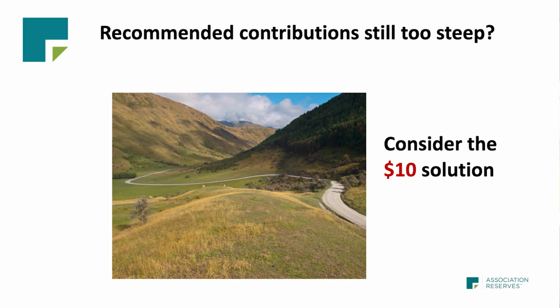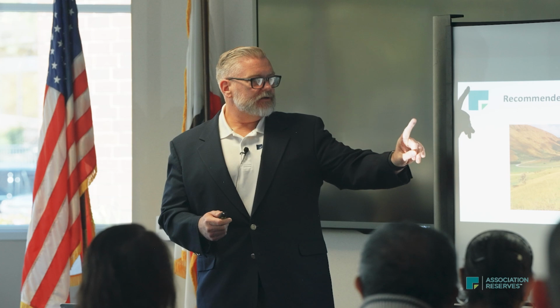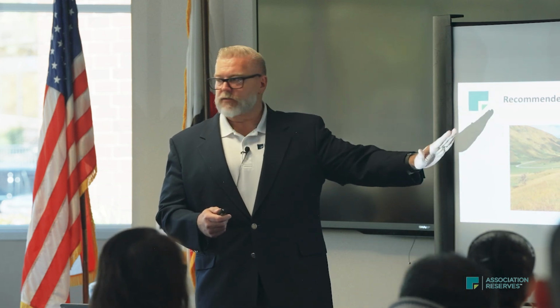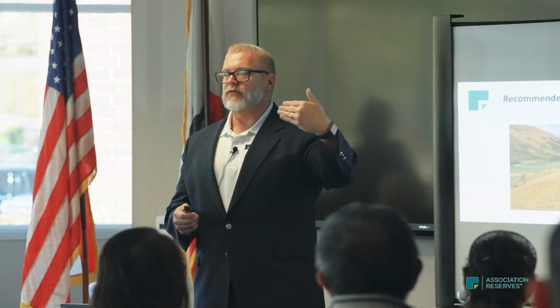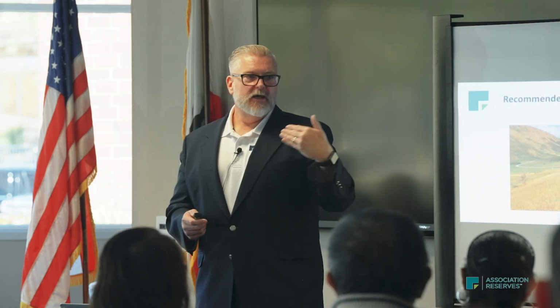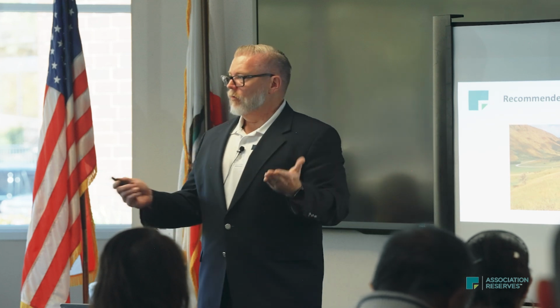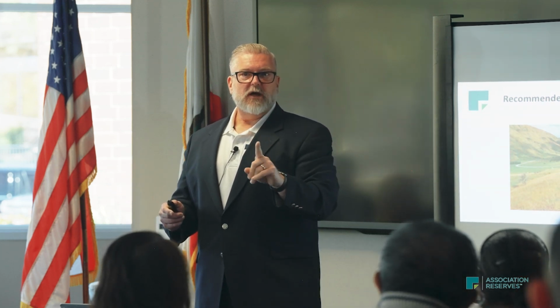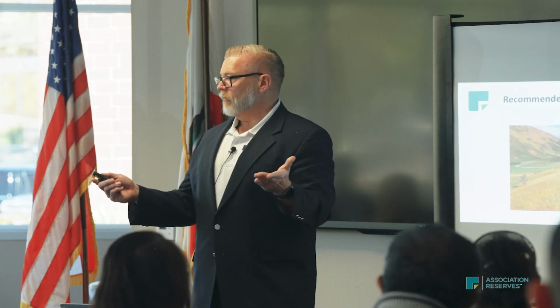So what I'm going to encourage you guys to do is look at the $10 solution. What we do is we look at it, we say if you are poorly funded, if you could raise the dues $10 per unit per month and take all $10 and put it towards reserves, you'll see a dramatic increase in your reserve funding. And one of the things, going back to the magic numbers, most of us here are not going to throw a fit over a $10 increase, right?